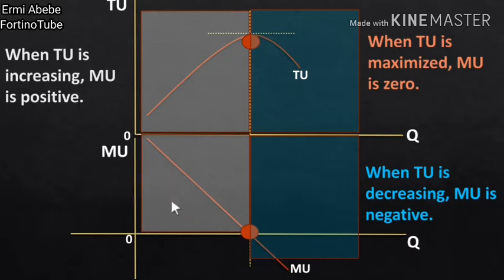So as long as we consume up to here, the additional satisfaction because of additional consumption is positive. But when we reach this point and add additional consumption, we get zero marginal utility. Beyond this, additional consumption may result in a negative additional satisfaction.